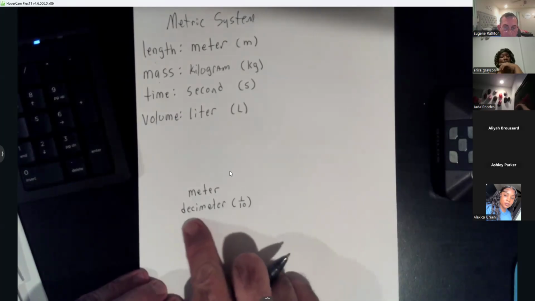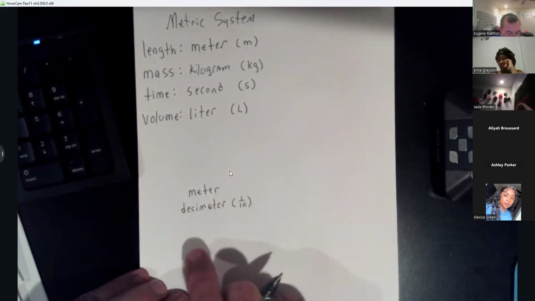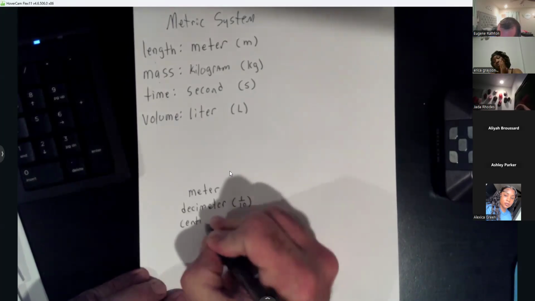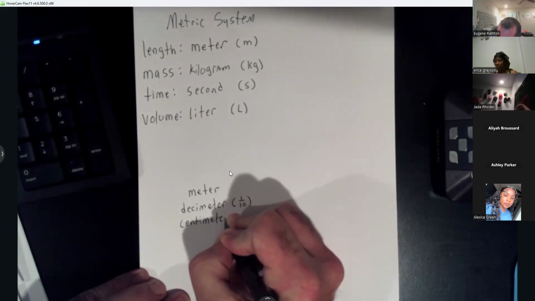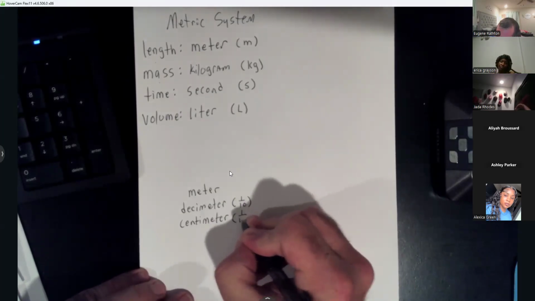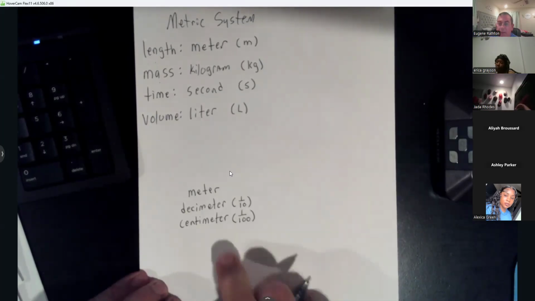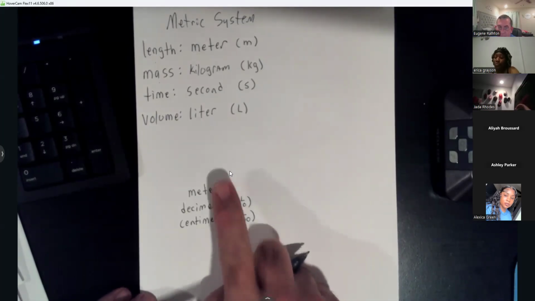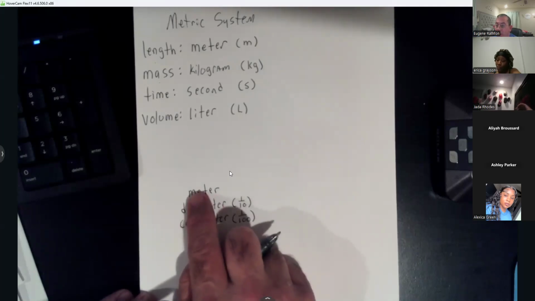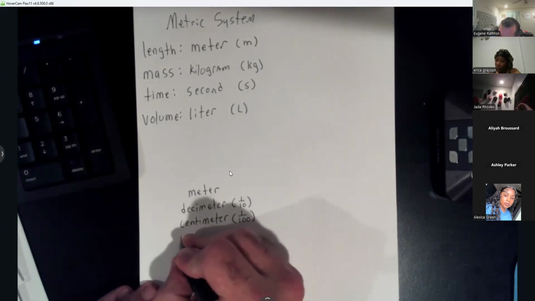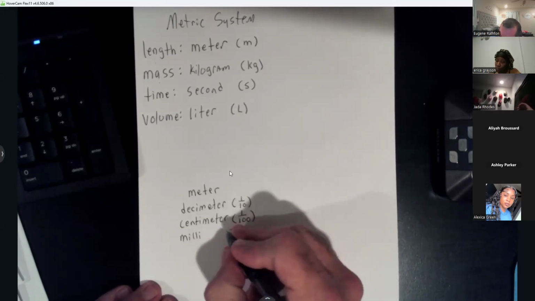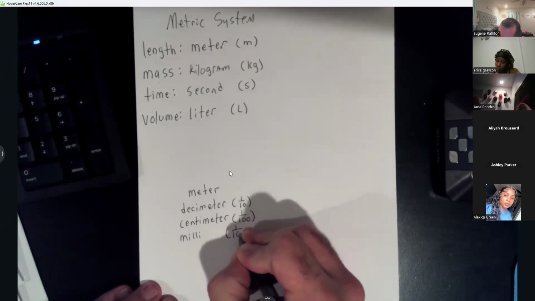Okay? And then I'll go the other direction. So under the decimeter, centimeter. A centimeter is 1/100th of a meter. So this is how much they are compared to the meter. Milli. Milli is 1/1000th.